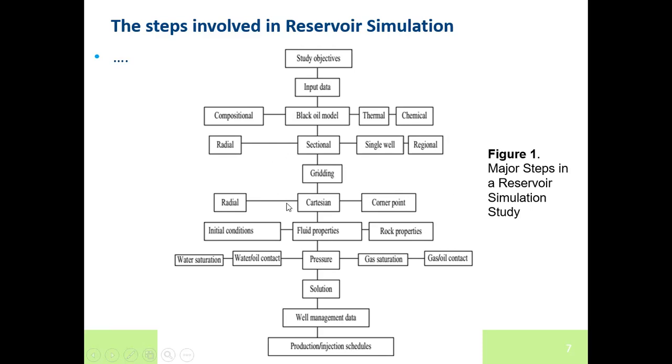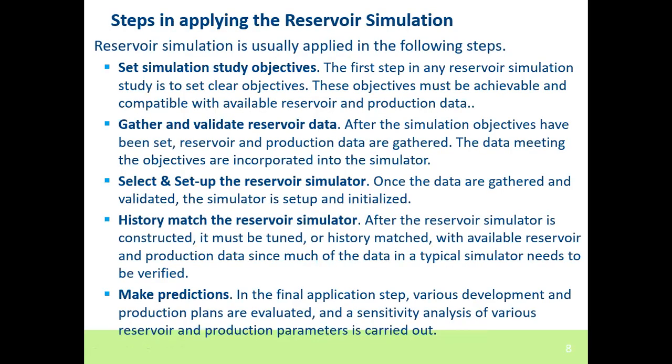And then when all that is decided on, you need to initialize the model. And of course, that's after you've specified or imported your fluid and rock properties. And then at the initialization, you set conditions at your contacts, initial pressure conditions, and then specify the solution scheme, and then how you go ahead to manage well data.